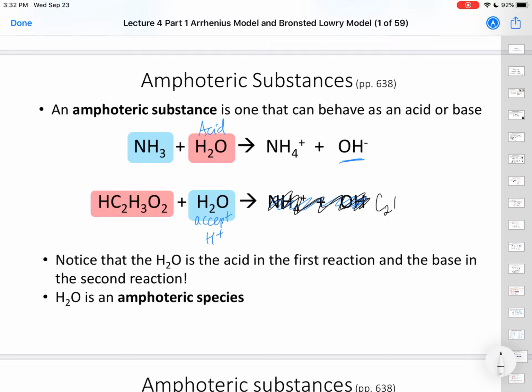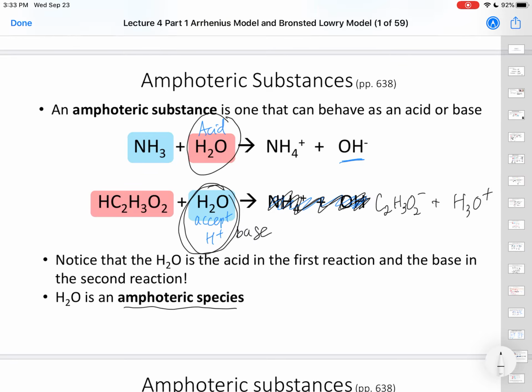It actually forms C2H3O2 minus plus H3O plus, okay? Because it accepts an H plus, we call this a base, okay? So notice in the first reaction, H2O is an acid. In the second reaction, H2O is a base, okay? So water obviously can serve two functions depending on what it's mixed with, okay?